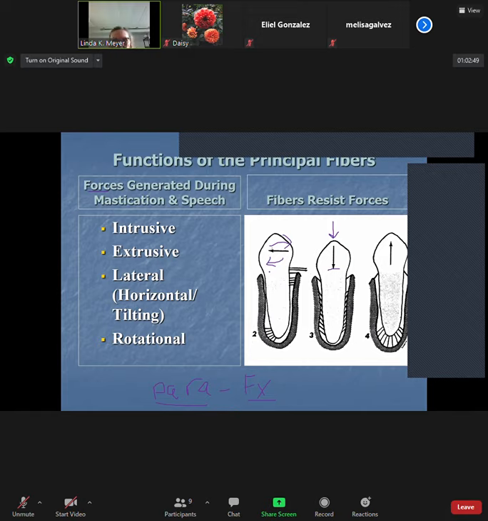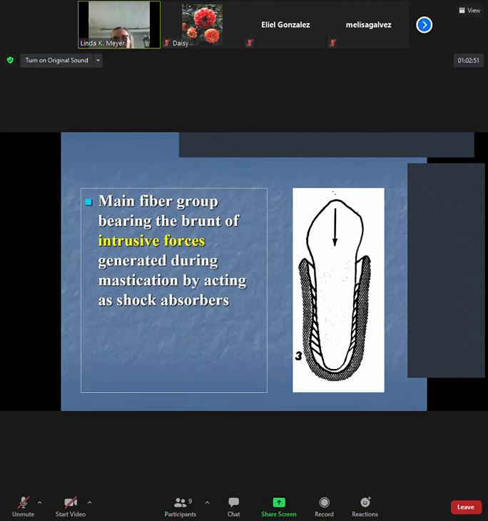When you're just biting down, in occlusion, and bite really hard, a little excessively, your tooth stays suspended in its bony socket. So what is the main fiber group shown right here that's limiting that? Tiffany, what's the main fiber group shown here?